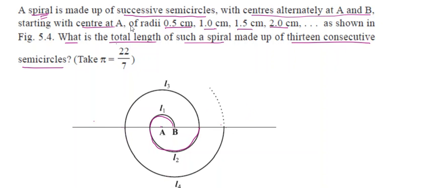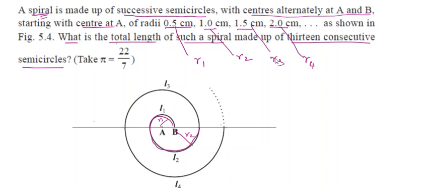It is given the radius of each semicircle. So let me say our radii are given. This is R1, the radius of the first semicircle, and the radius of the second semicircle is R2. Likewise, it goes on: R3, R4.